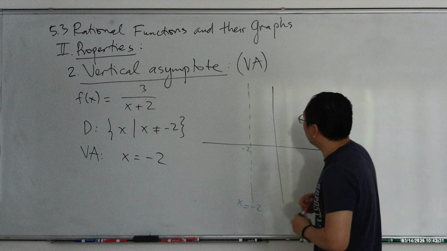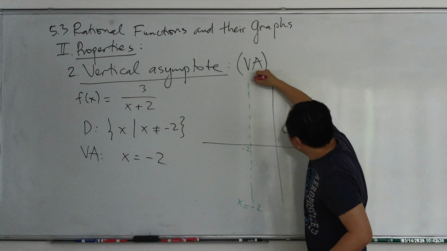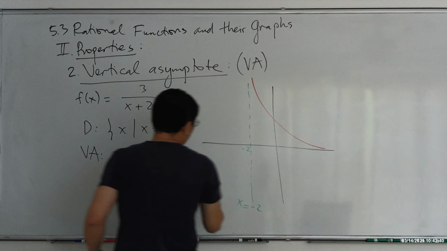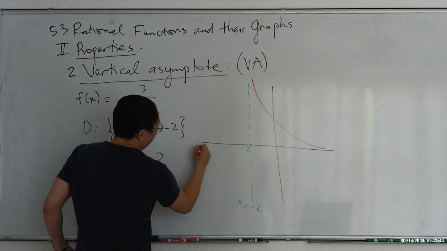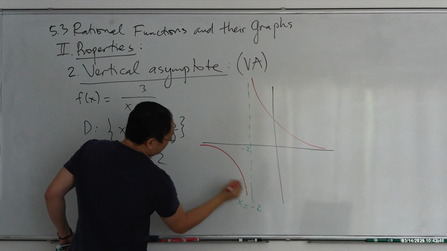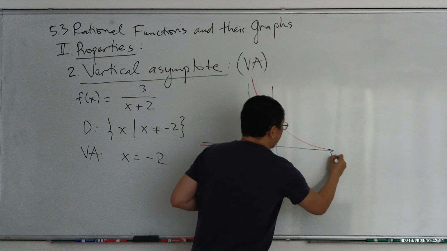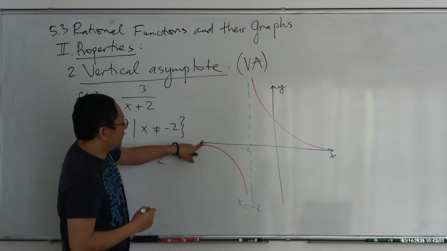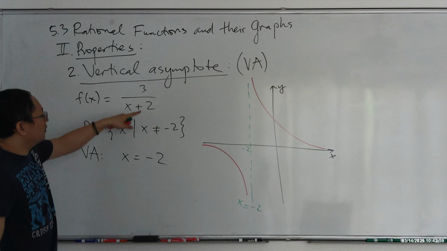I'm going to use red color now. And this is my x-axis, this is my y-axis. The two red curves are the graph of the rational function 3 over x plus 2.